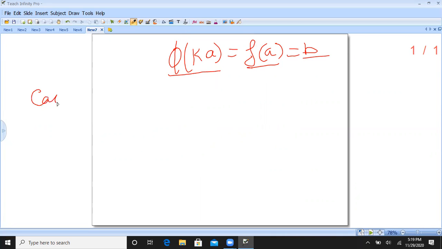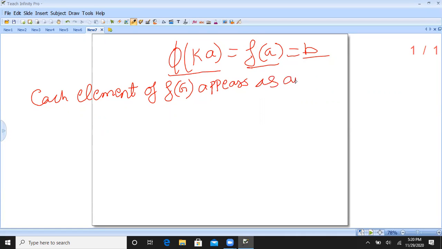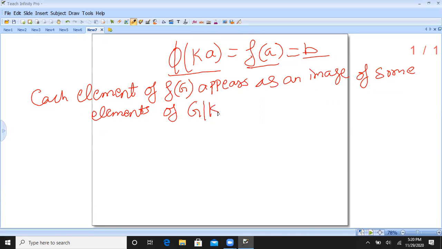So each element of f of G appears as an image of some elements of G by K under phi.